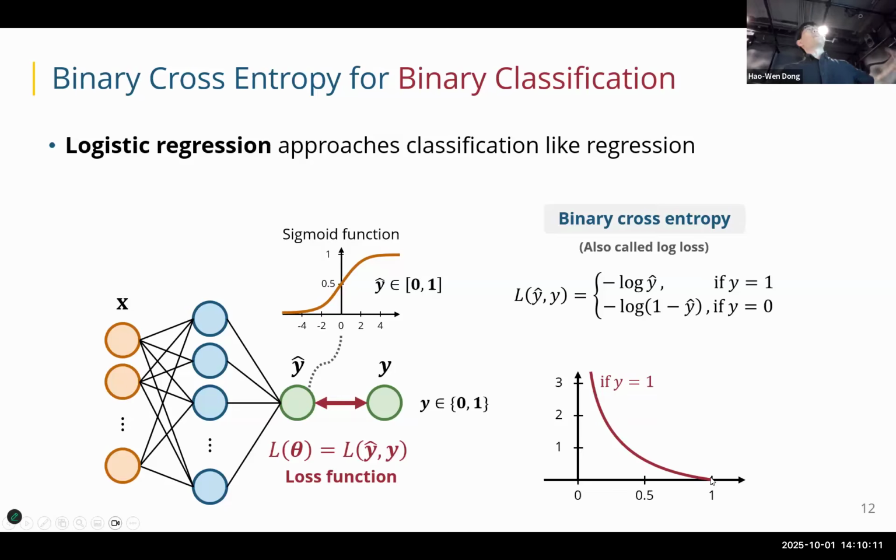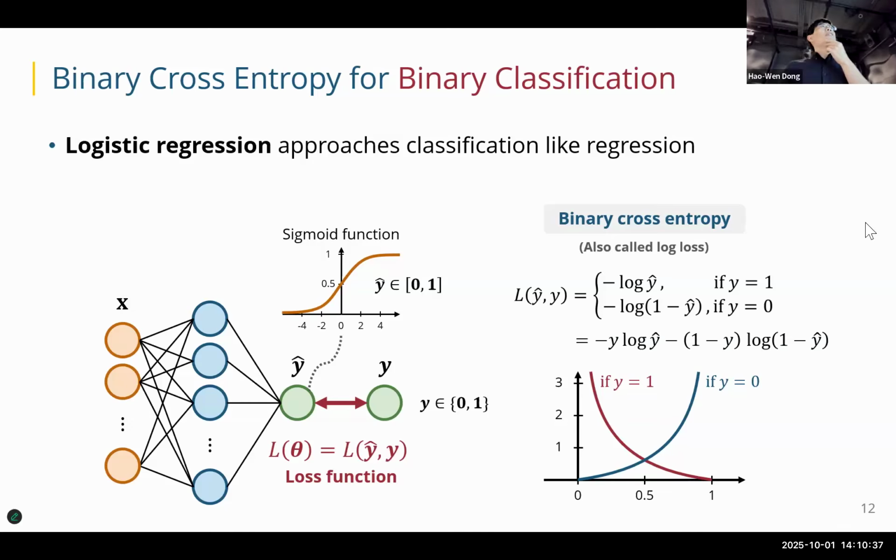So if your ground truth is 1, if it's a cat, then you want to force everything to become a cat. And if y equals 0, then it will try to drive everything toward a 0 output. That's the idea, and it takes this shape that has some mathematics behind it.